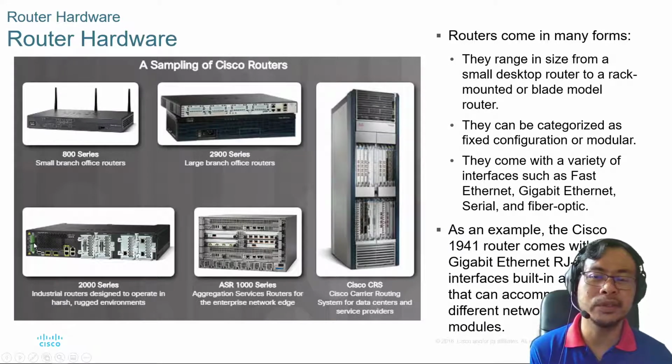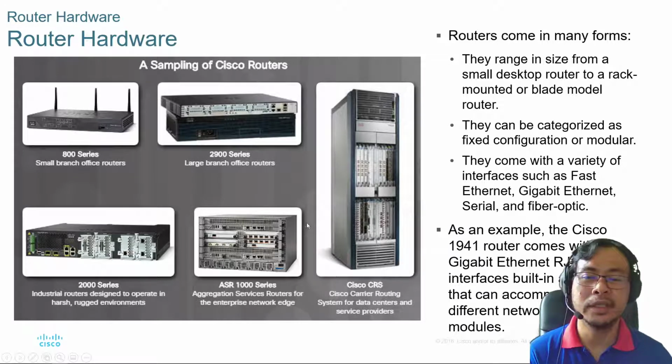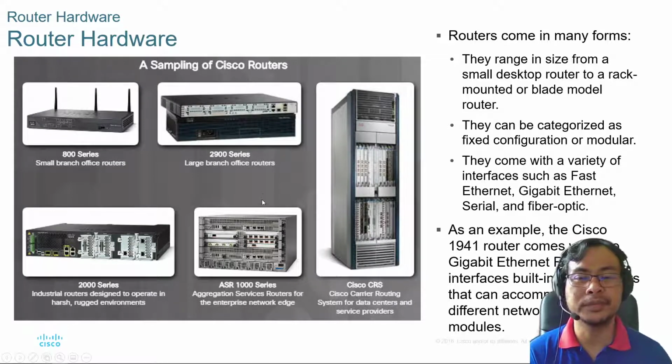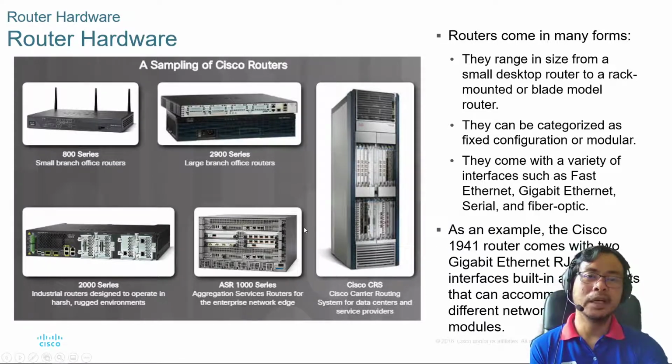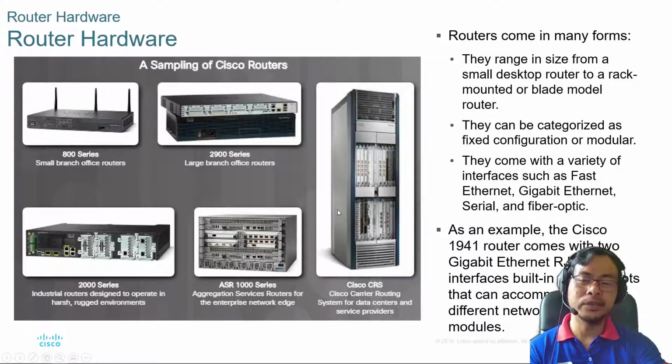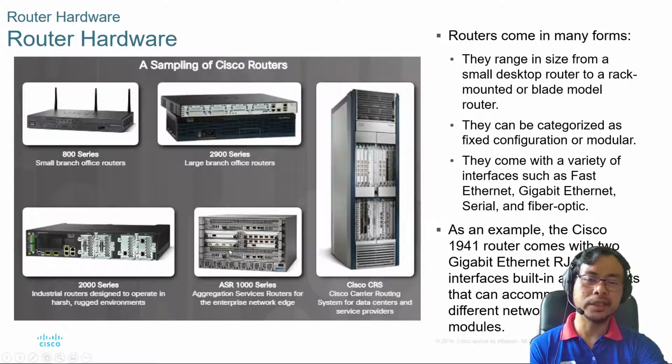Andiyan na sa description, designed to operate in harsh, rugged environment. And we have the ASR 1000 series. So if you are into aggregations, okay, you know what aggregation is. This is already good. Okay, if you are into big data center, then most probably you are looking at this kind of hardware.